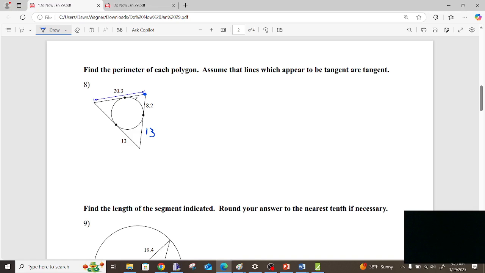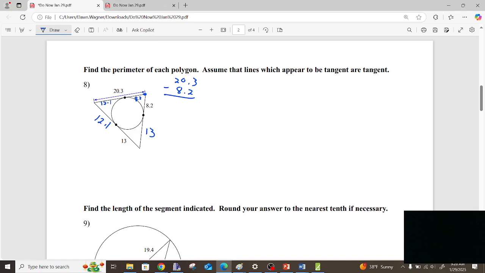This little piece on the inside is 8.2 because this one's 8.2, right? So how would I find this length? 20.3 minus 8.2, which is equal to 12.1. And so now that I know this is 12.1, this outside piece is 12.1.